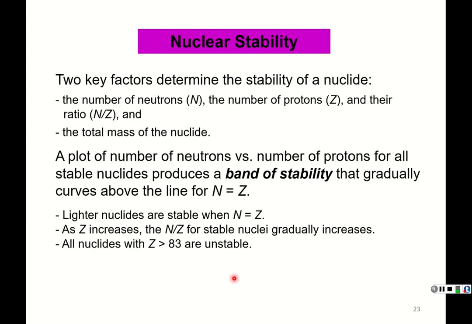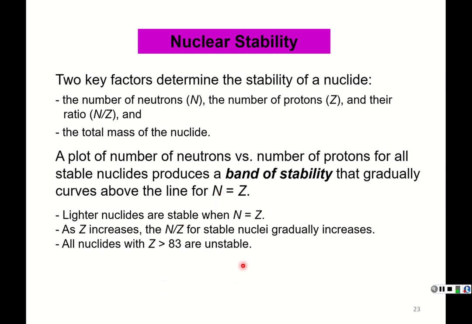Okay, stability. Two key factors determine the stability of a nuclide: the number of neutrons and the number of protons, and their ratio, that's one, and the total mass of the nuclide. Okay. If you plot the number of neutrons versus the number of protons for all stable nuclides, that produces a band of stability that gradually curves above the line for N equals Z. So that's neutrons equals protons.